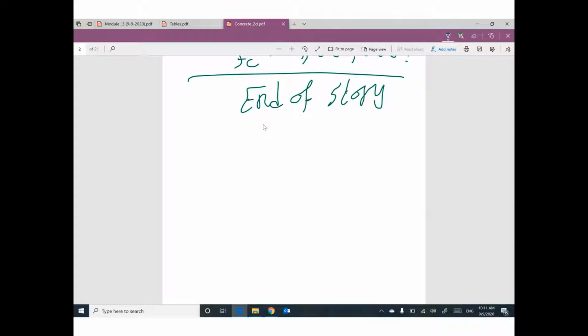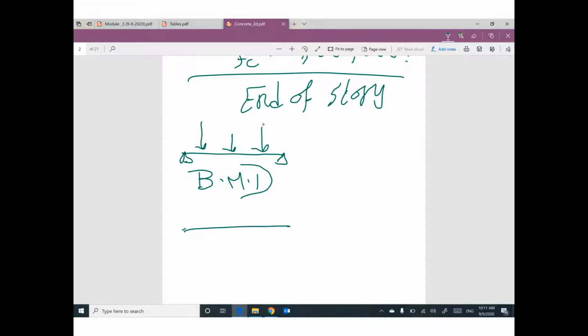We learned from structural analysis last semester something called the bending moment diagram. We have a beam. We have external forces. We learned how to draw the bending moment diagram. Do you remember? Bending moment diagram from structural analysis.